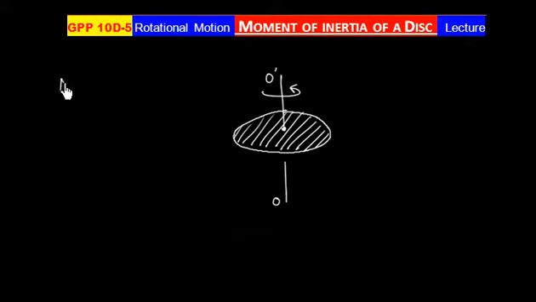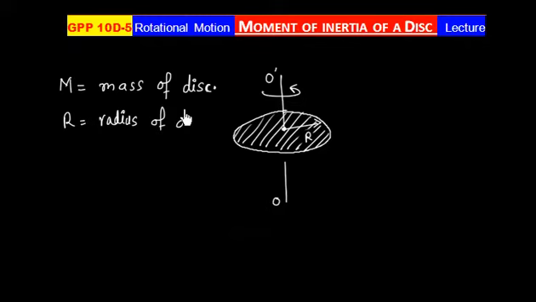M is the mass of the disk, R is the radius of the disk. So the radius of the disk is R, and we have to calculate the moment of inertia about axis OO dash.